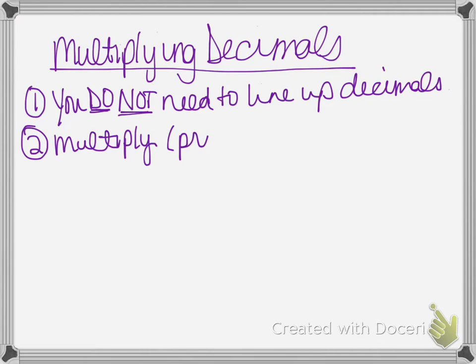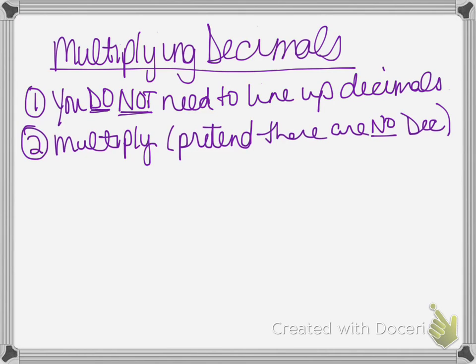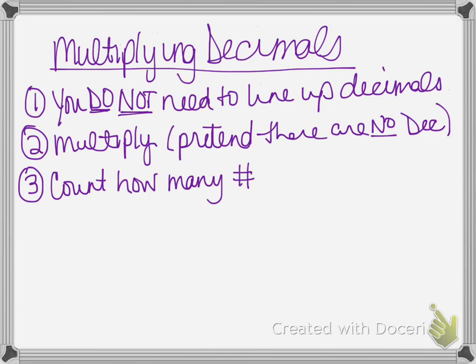Pretend there are no decimals. And then, after we've multiplied all the way through, we're going to count how many numbers are behind decimals.